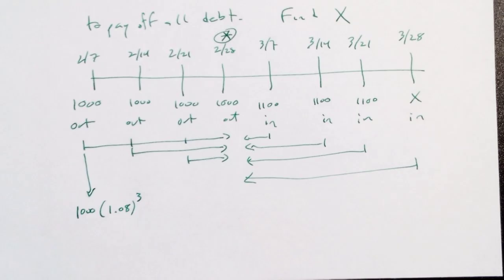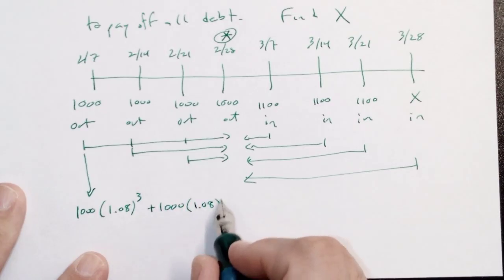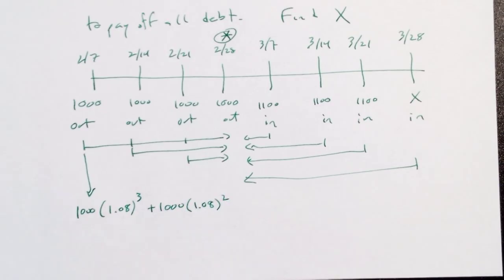What about the $1,000 that was borrowed on the 14th? And the $1,000 on the 21st?